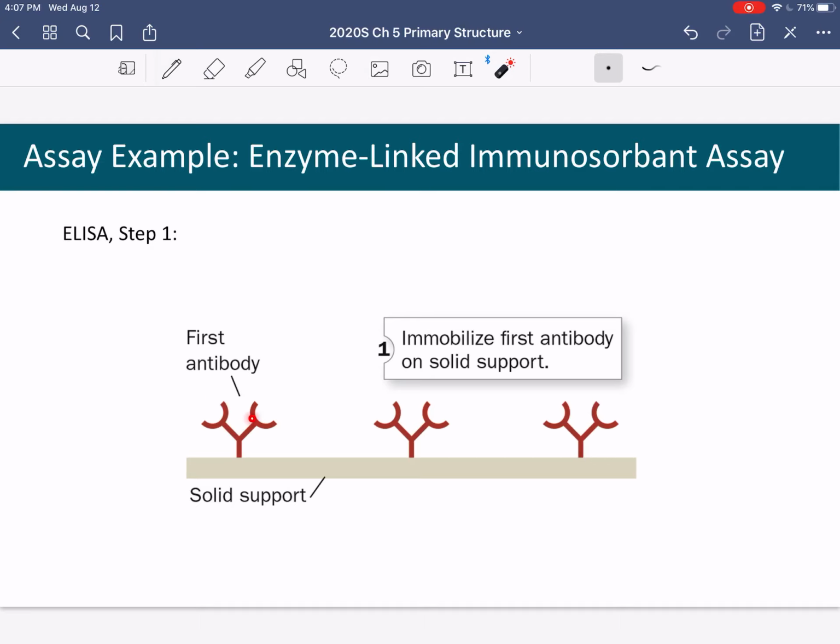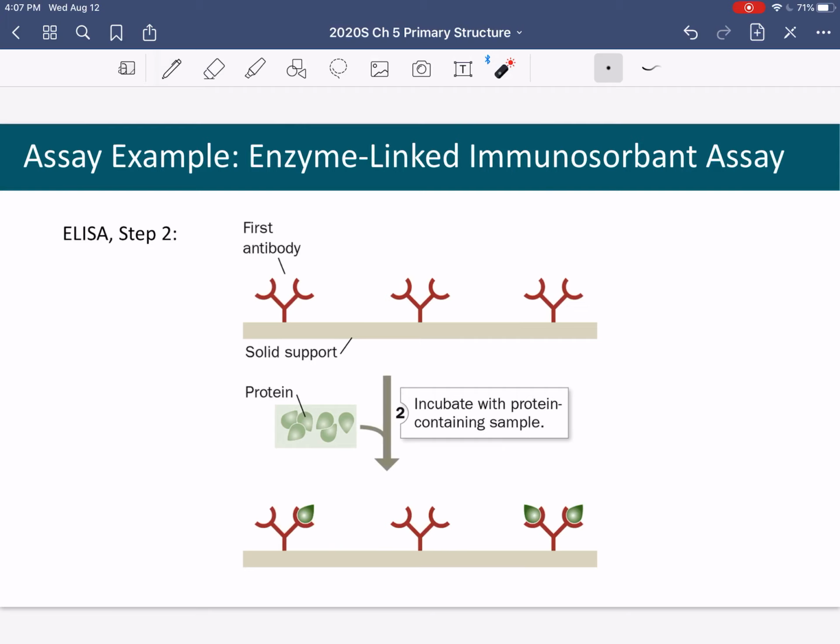But here's your antibodies, which are going to recognize your favorite protein, the protein that you're trying to purify. So step 1, you immobilize that specific antibody that was generated to your protein on a solid support. In step 2, you add your protein mixture. Now that could include your proteins, which are the green teardrops here, but typically it's also got other proteins around.